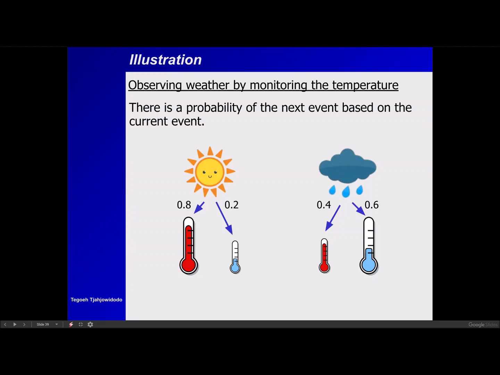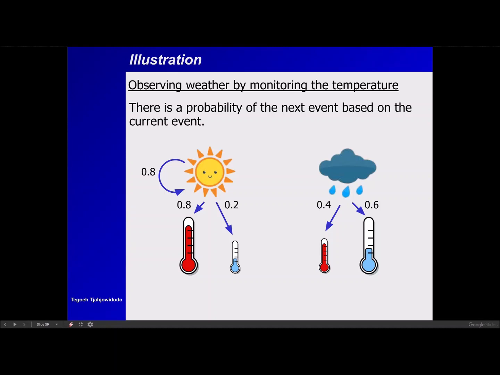So in that case, we need another probability number. This is what we call transition probability. So in this case, let's take an example. There is an 80% probability that tomorrow is sunny given today is sunny.